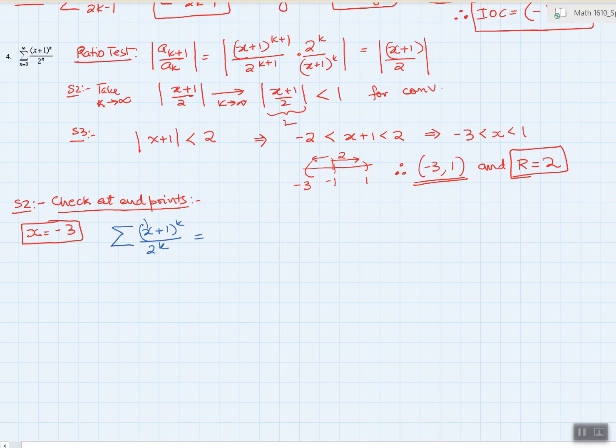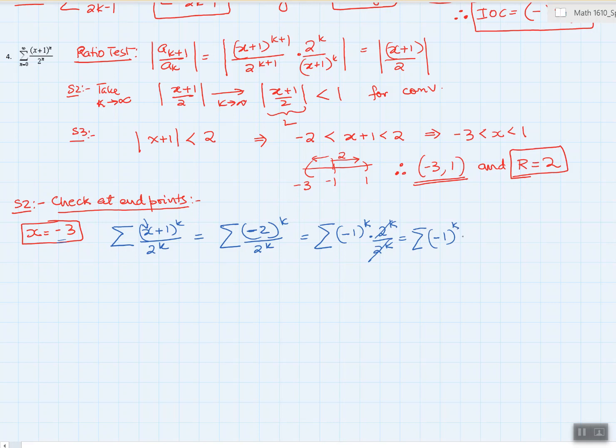For x, I'm going to write -3. So I get -3 plus 1 gives me (-2) raised to the power k over 2 raised to the power k. So this means I have (-1) raised to the power k times 2 raised to the power k over 2 raised to the power k. So this and this cancel, and it's simply the series of (-1) raised to the power k.